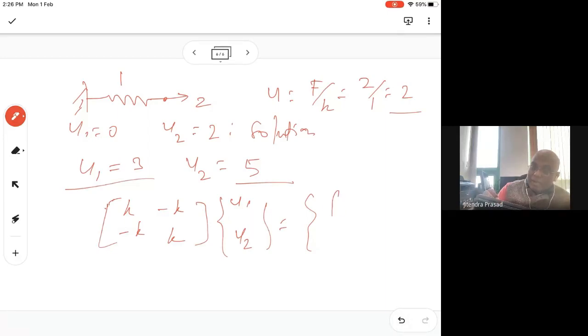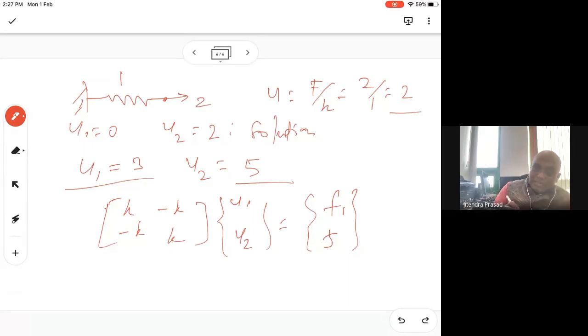Here we have f1 and f2. Let's take the second one, with u2 equal to 5.